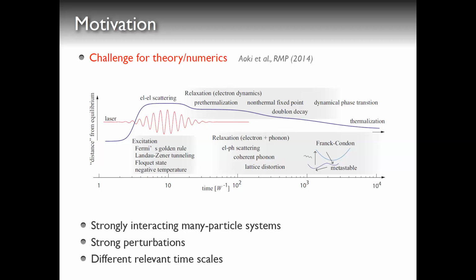If we have systems with long-range order, there can be slow dynamics associated with non-thermal critical points. And typically the full thermalization happens on timescales which are orders of magnitude longer than the timescales needed to describe the initial excitation process. And so bridging all these timescales in a single simulation is very challenging.